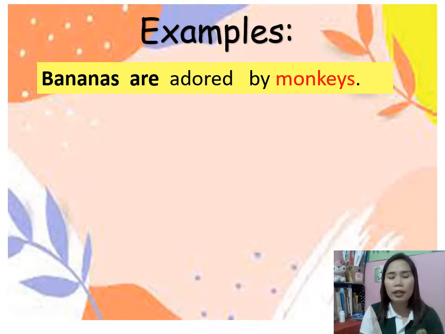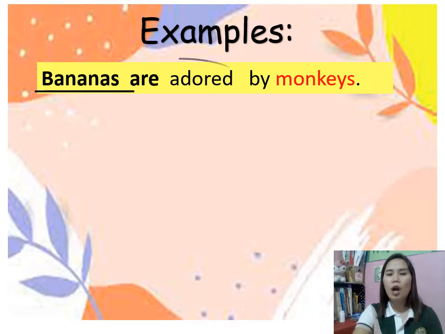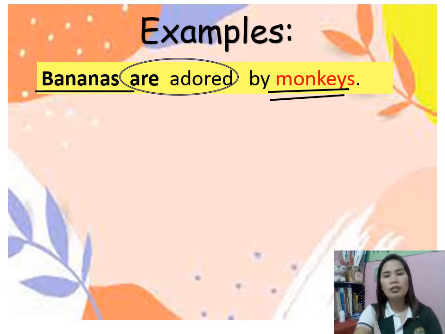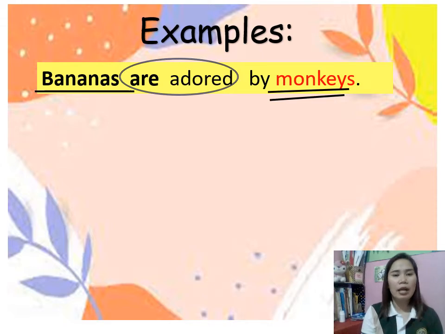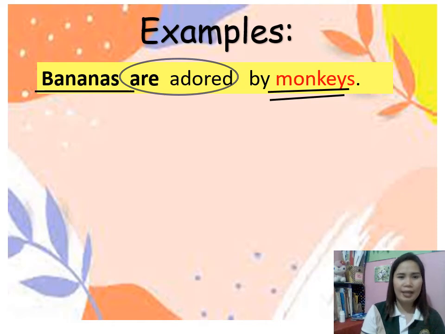It's the monkey who adored the bananas, and not the other way around. So the subject here is bananas, our verb is are adored, and the object is monkeys, which is the doer of the action. So you cannot say that bananas adored monkeys. That is wrong because it's the monkey who adored bananas.